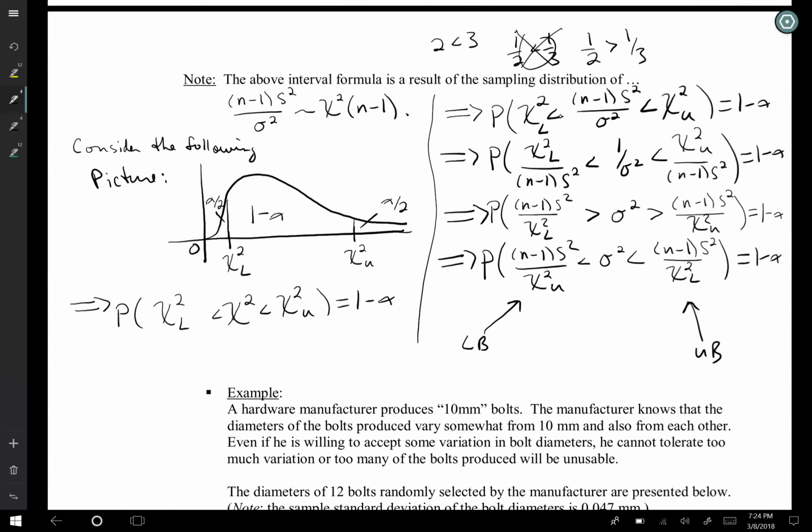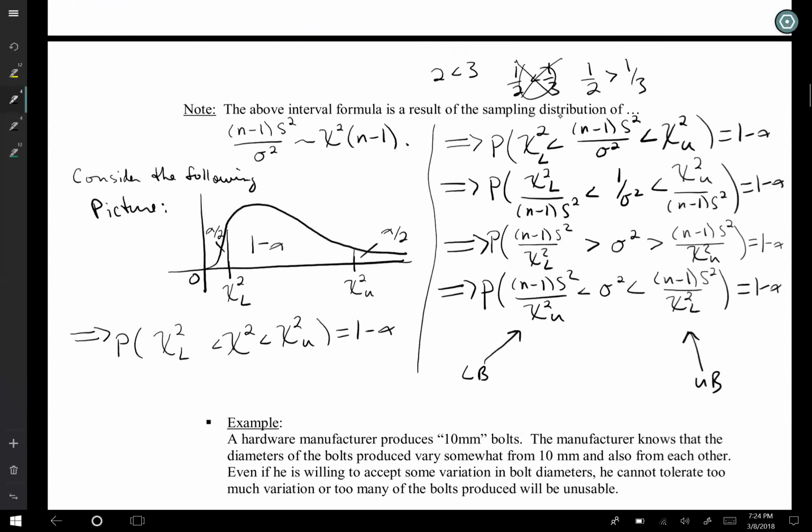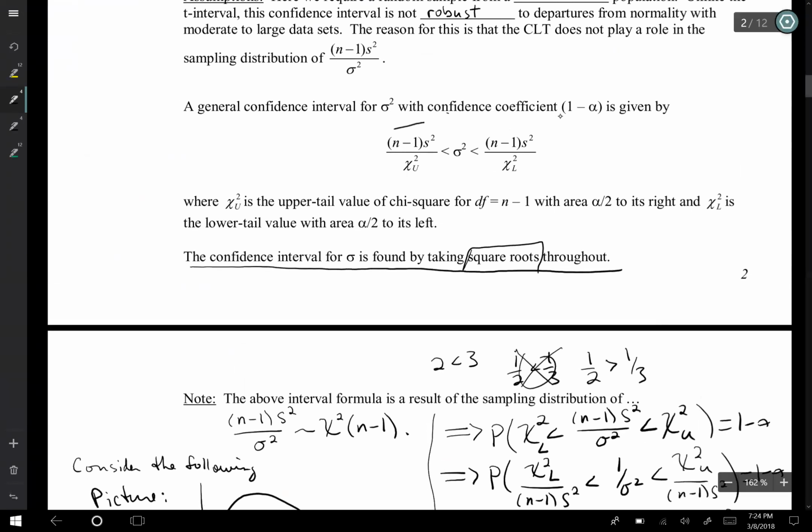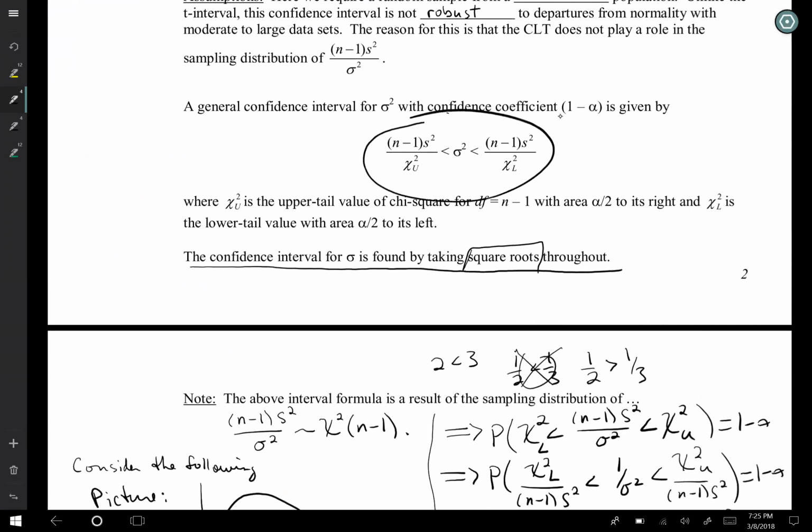Well, in terms of what y'all really need to know, it's this formula here. And probably the week we get back from spring break or the week after that would be a good time for me to post what the formula sheet's going to look like for the next exam.